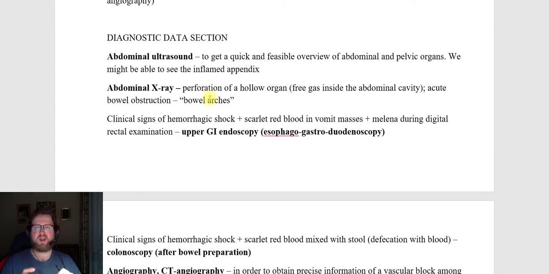Similar to the gas inside the free abdominal cavity, when bowels are extensively filled with content, the intestinal content stops because peristalsis stops because of intestinal block.